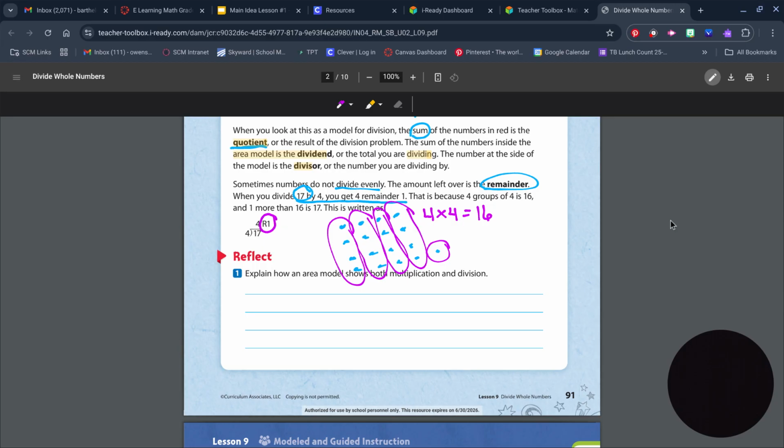So explain how an area model shows both multiplication and division. An area model shows the total that is divided.